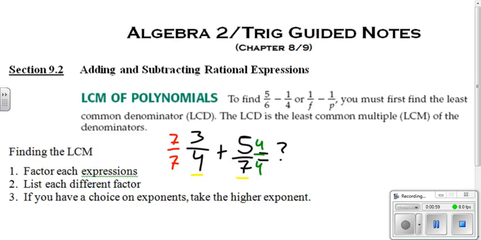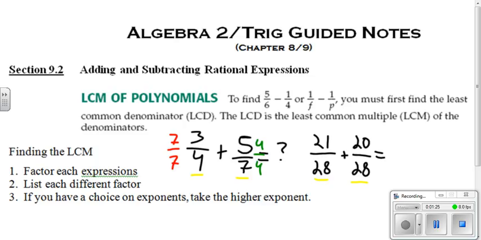So now we would change it to 21. 7 times 3 is 21. 7 times 4 is 28. So our common denominator is 28. 5 times 4 is 20. 7 times 4 is 28. Now we have that common denominator, so we're able to go straight through and carry through our normal properties of addition.